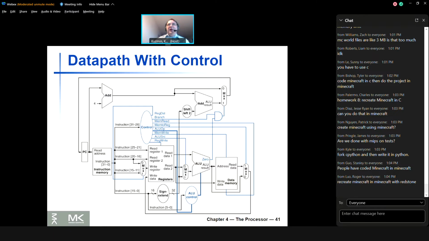Or another type of question might be, we show you this diagram the way it is supposed to be, with no errors introduced, and then we describe some kind of bug. We describe some behavior which is abnormal, and then we ask you to identify the likely cause of this.